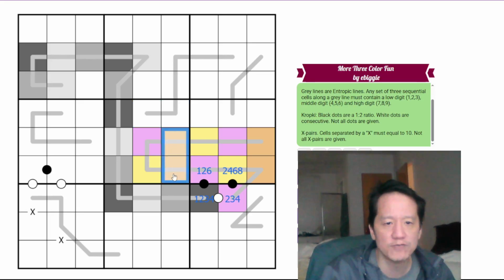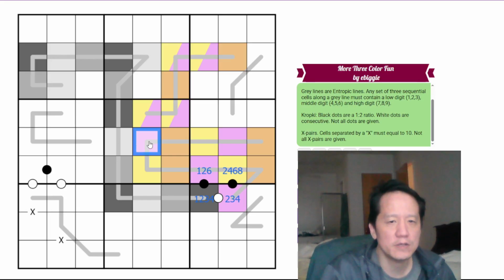Because we have 2 here that's orange and 1 of these three must be an orange. So therefore we have three oranges in the middle box. So this must be pink or yellow, which means in this set of 3 digits, where is the orange set? It has to be here. So this is orange, this is pink or yellow, and this is orange.